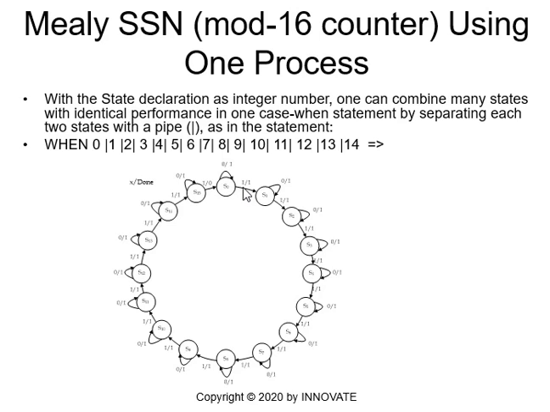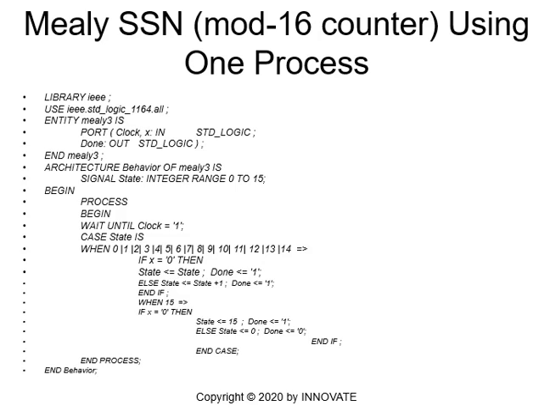So done will always be 1, if x is 0 or x is 1. Accordingly, we will increment the state by state plus 1, and done will be 1. But when I am in 15, if x is 0, then 15 will be assigned to state, and done will be 1. See why I didn't add 15?